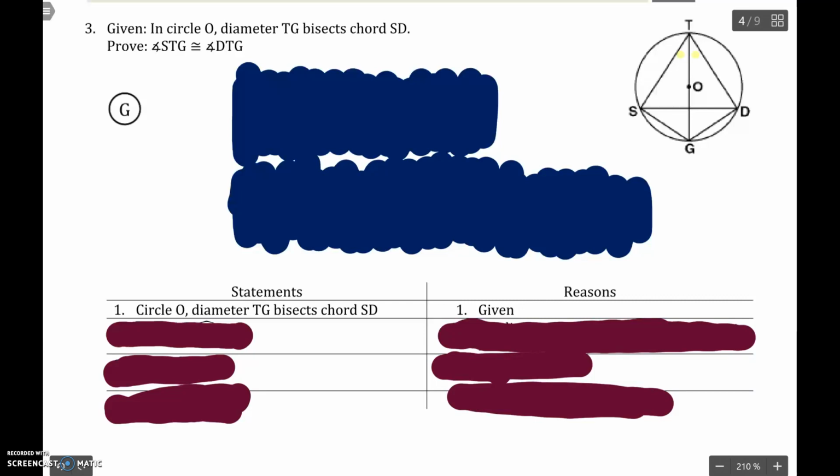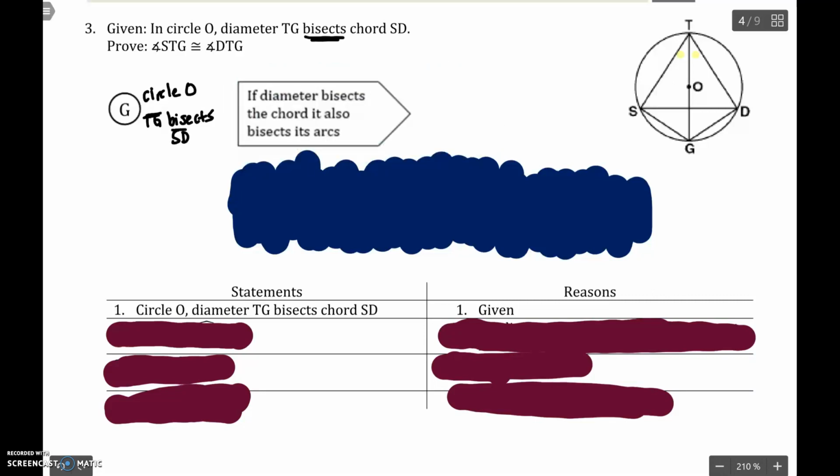I have not just circle O, but I have something important because there's vocab here. Okay, so I have circle O, that's great, but I also have that TG bisects SD, and that's a diameter bisecting a chord. You can remember, if a diameter bisects a chord, it also bisects the arcs.